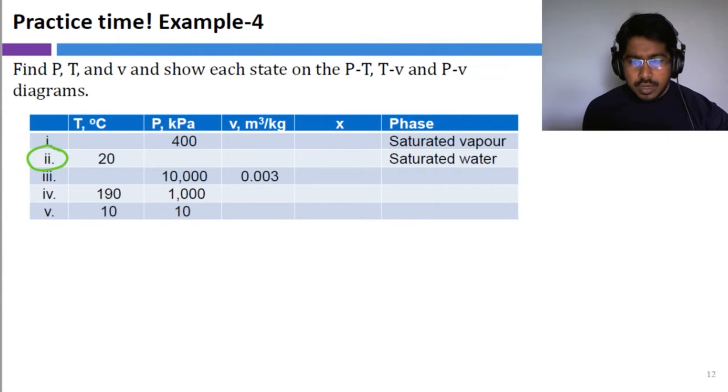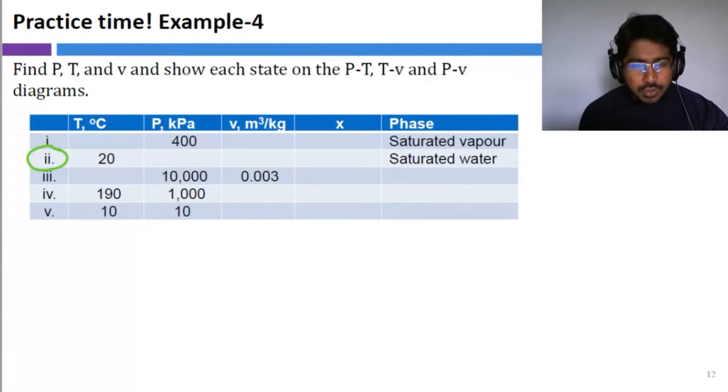Perfect. So Wenli, what table did you use to answer this question? Pressure entry or temperature entry? Page 9. And is it a temperature entry table or pressure entry table? What is the first column? Is it temperature or pressure?